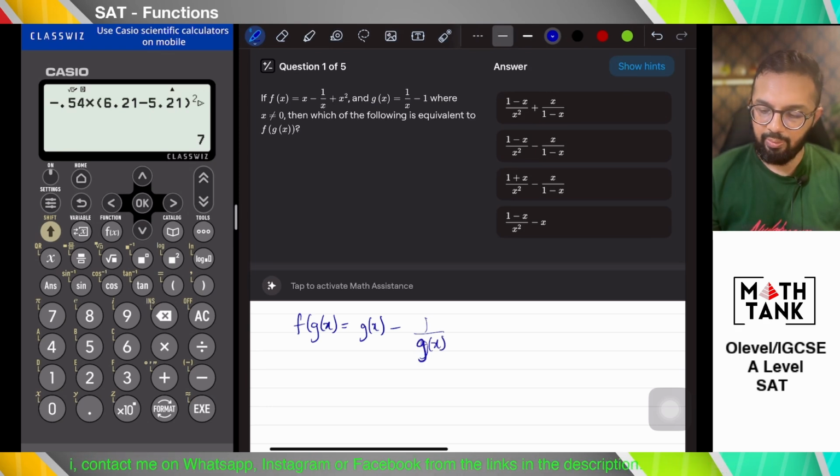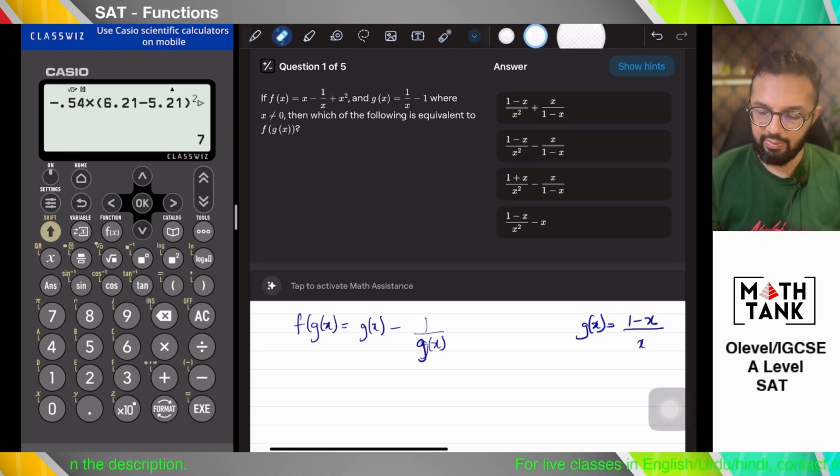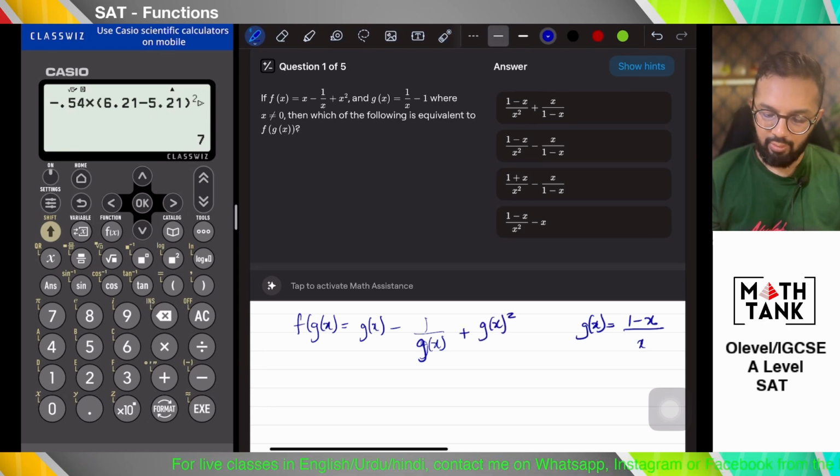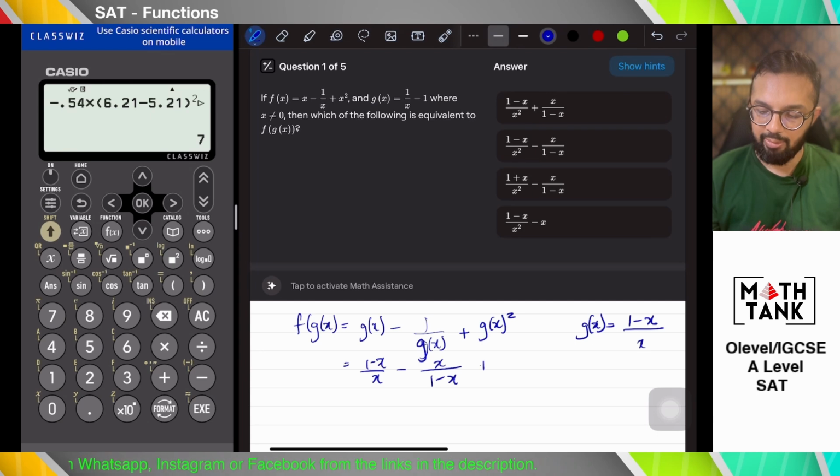Okay, I think it's going to be better if I just simplify g of x and write this as 1 minus x. Okay, because I see that written in a lot of places. So g of x, 1 minus x over x, minus the reciprocal of that, so x over 1 minus x, plus g of x squared, so 1 minus x over x squared.